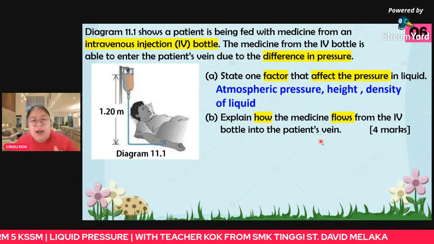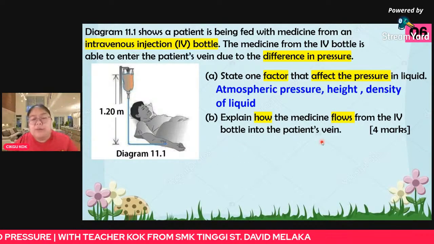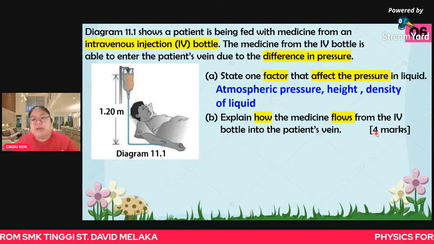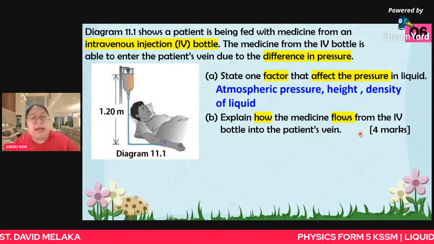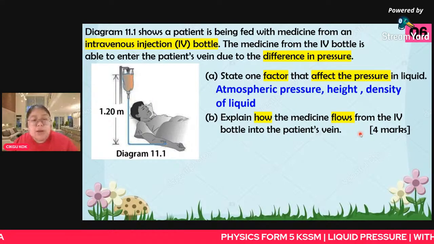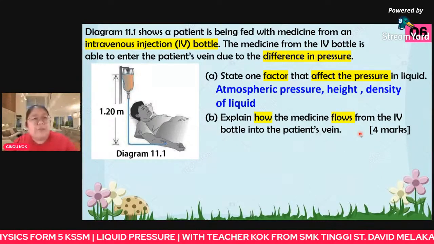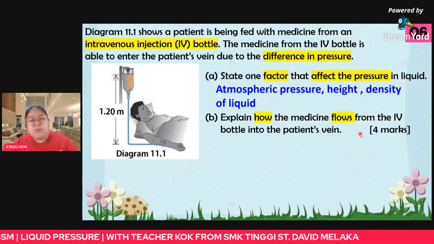Okay, explain how the medicine flows from the bottle into the patient's veins. Can you see 4 marks? 4 marks means at least 4 points. So from here, first you must talk about where you put it. Normally you put it at a higher level than the patient. Why do you put it at a higher level?